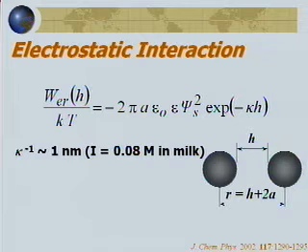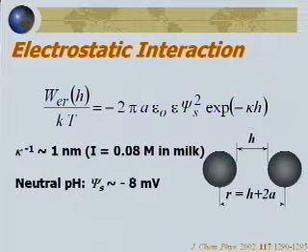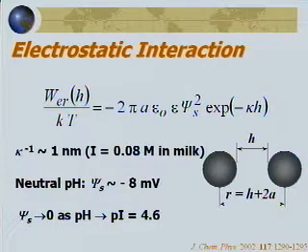For milk, the ionic concentration is about 0.08 molar. So we can estimate the Debye length to be about 1 nanometer. At neutral pH, the surface potential of milk is about -8 millivolts. And as pH gets closer to pI, which is 4.6 again, there's no charge on the protein surface, so the surface potential will become 0.